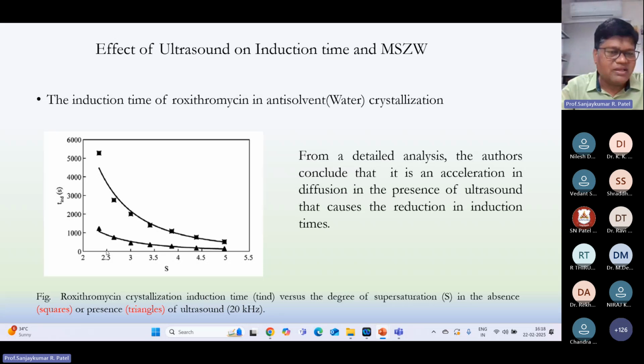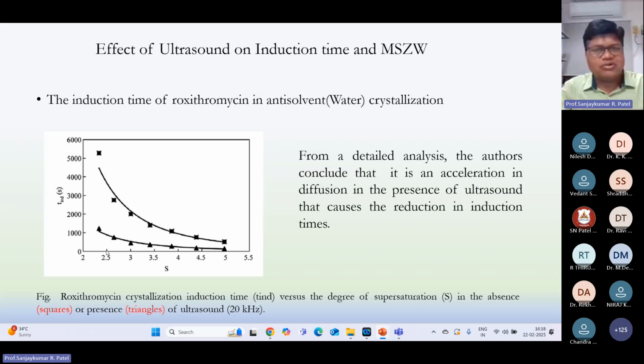Okay, if you increase the supersaturation level drastically, no time is needed, meaning at that instant you are able to generate the nuclei. Correct. However, if the supersaturation is low, then you will see a slight variation in the time by changing the supersaturation.